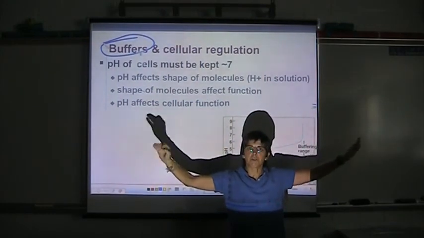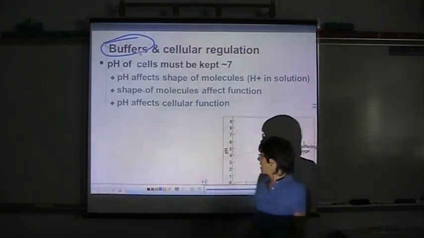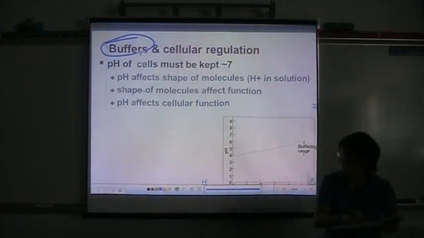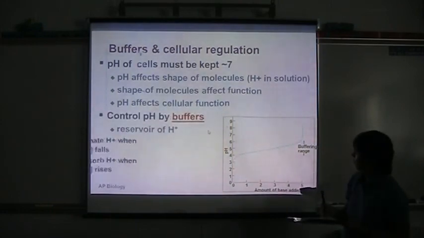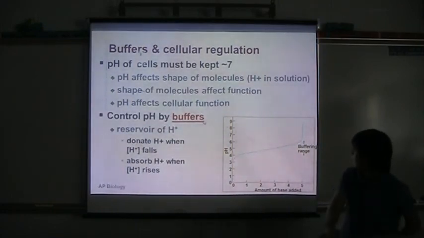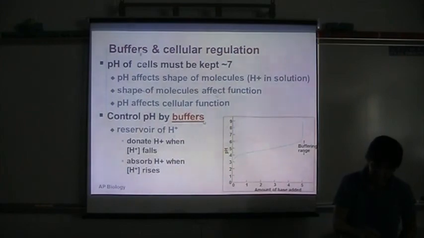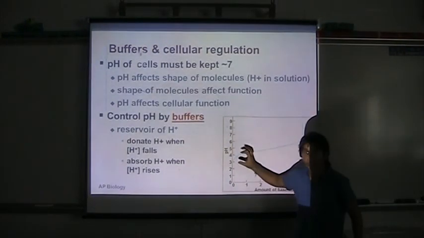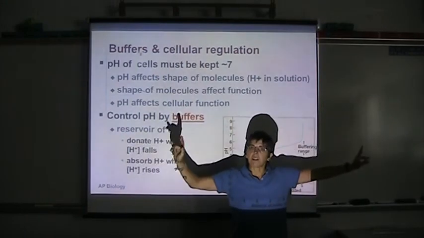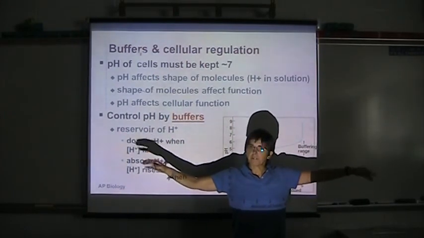Because a buffer, what does it do? It maintains the pH within a narrow range. What do buffers do to maintain the pH within a narrow range? A buffer is a substance with a split personality.